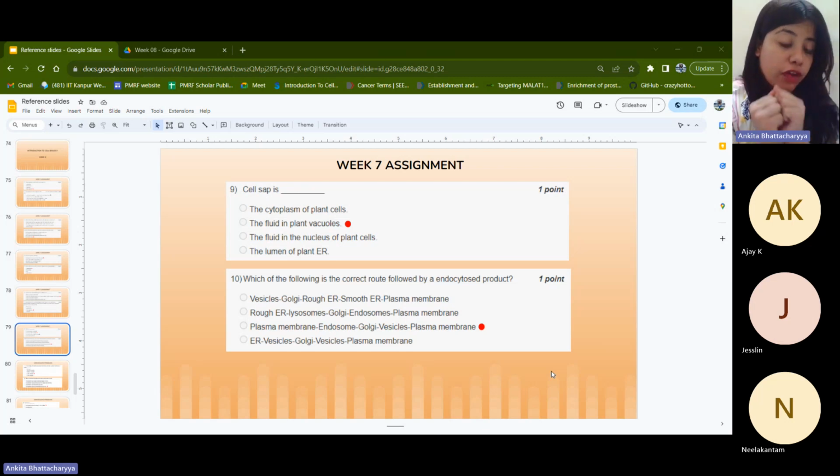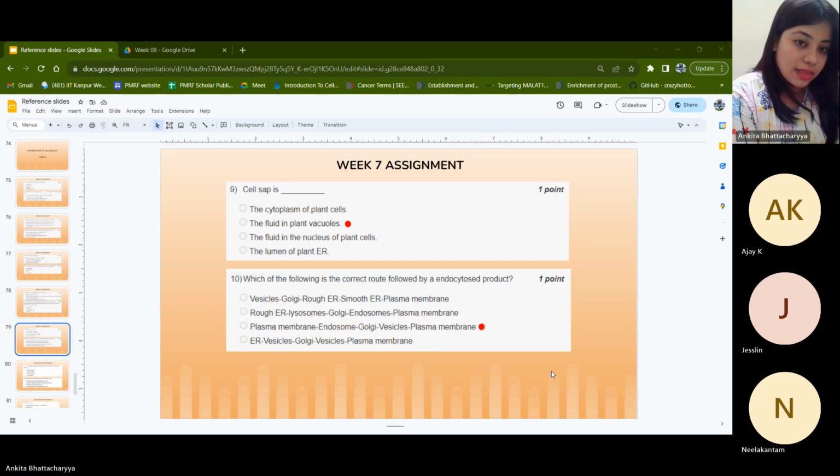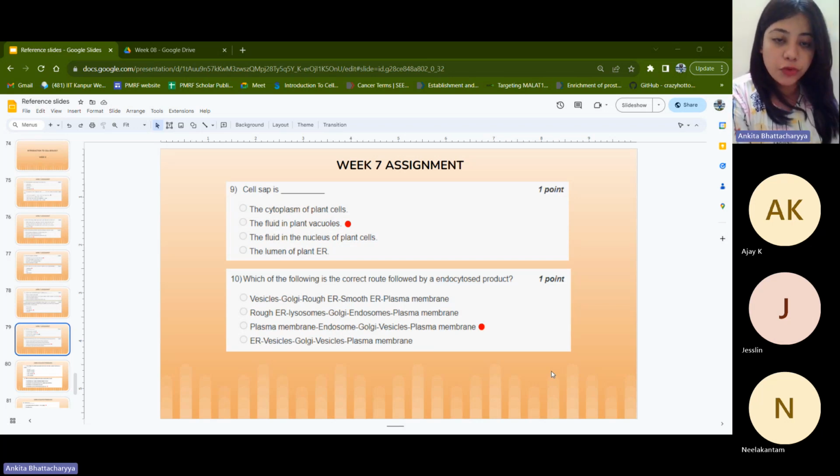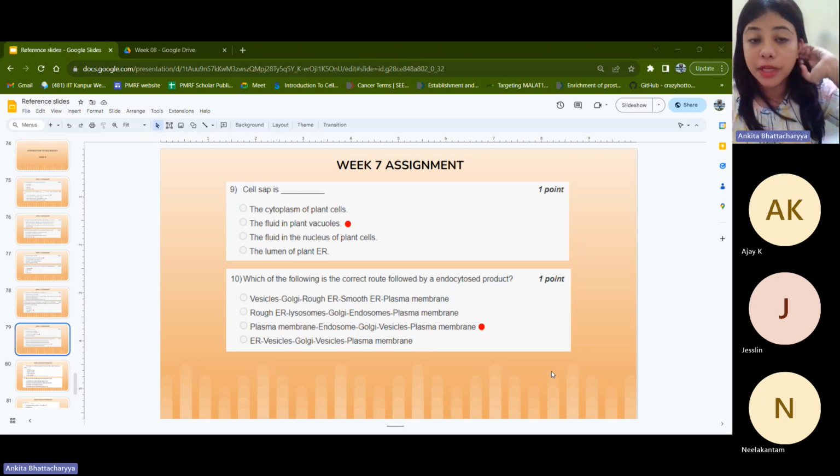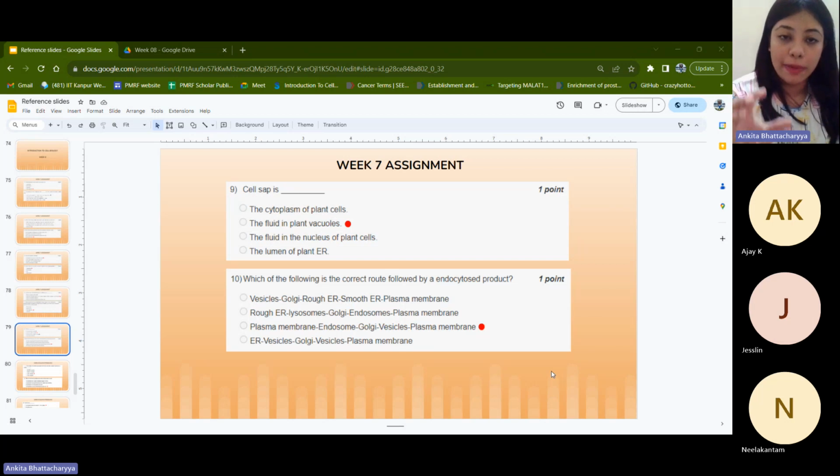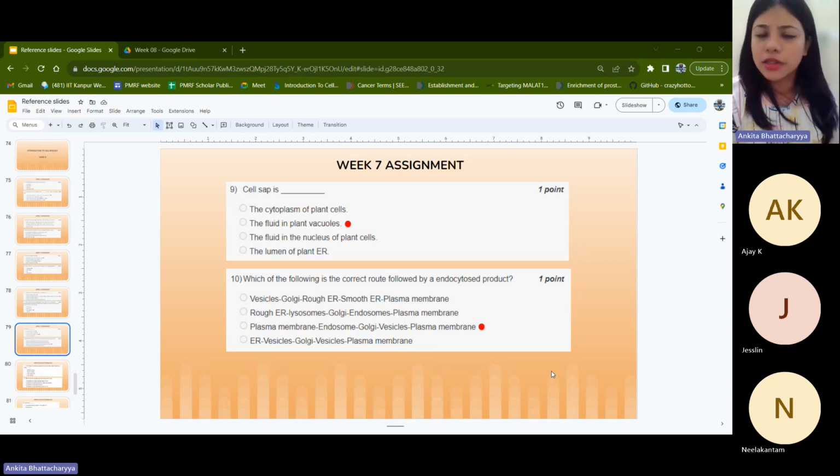They have definite functions inside the cell. They are present irrespective of what type of cell it is, because they have definite functions that are necessary for the cell to survive. The endosome by itself does not have a function. It is not carrying out protein synthesis or anything of that sort. It does not have any survival essential function.